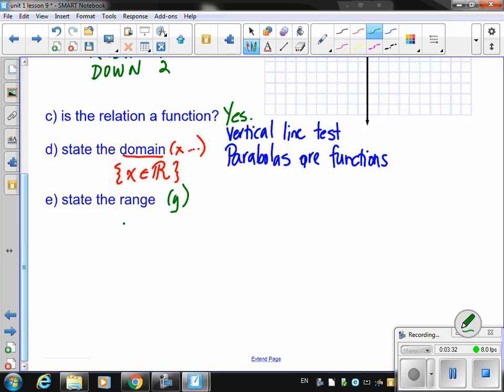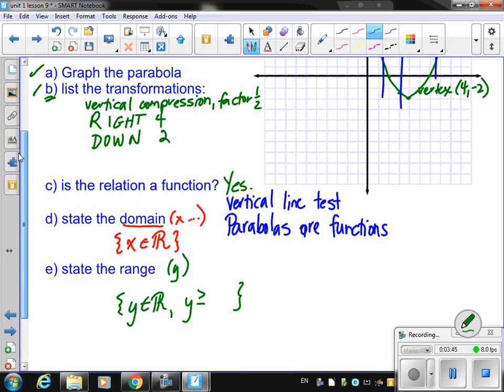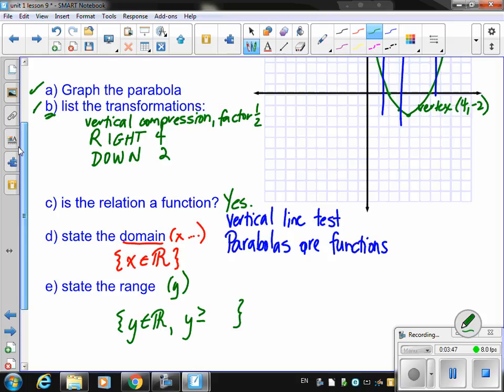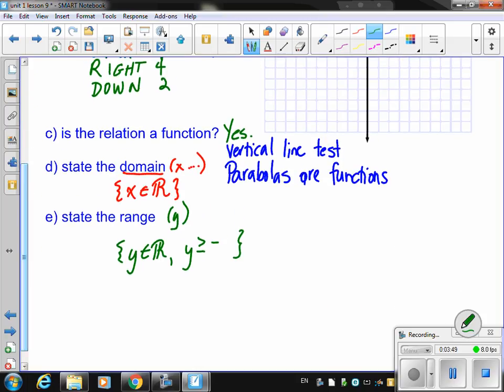So we write our range as y is a real number, but y has to be greater than or equal to a certain value. And that is always the second part of my vertex. y is greater than or equal to -2.